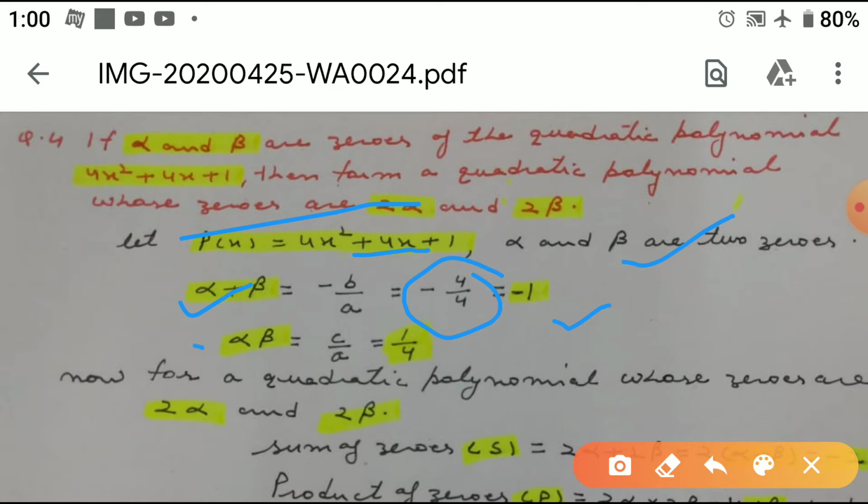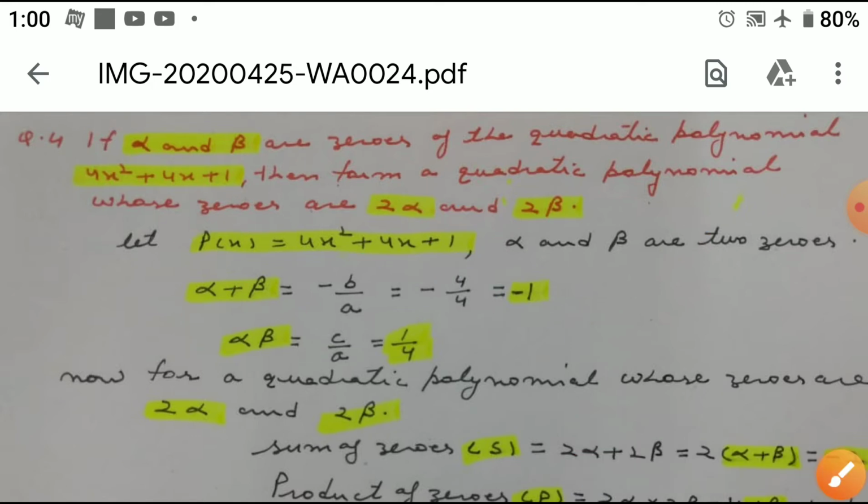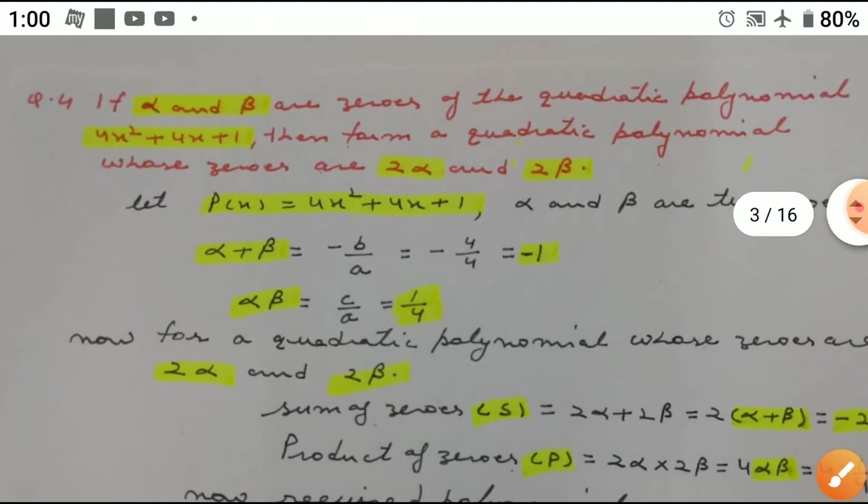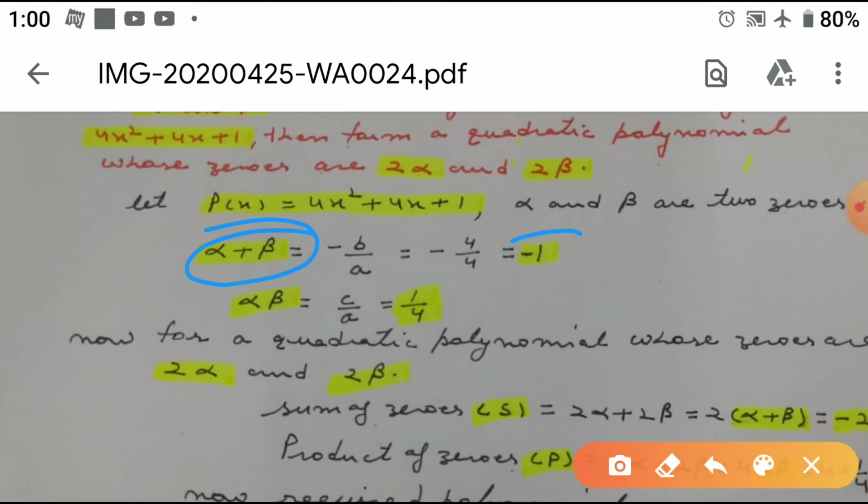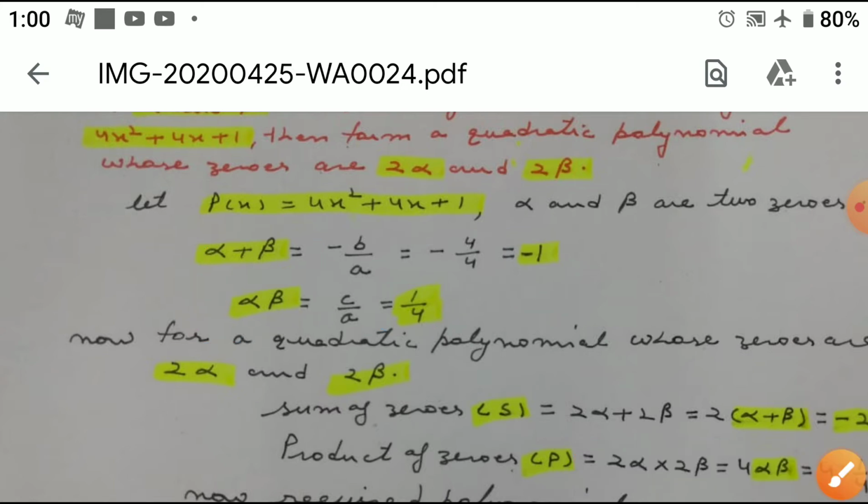And the product of zeros, we know the formula: c upon a, constant term upon coefficient of x square. So here 1 is the constant term, so 1 upon 4. So you got two results. Alpha plus beta is minus 1 and alpha beta is 1 upon 4. These results we are going to use further.